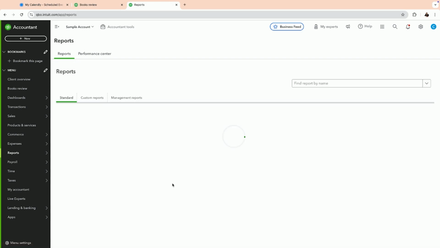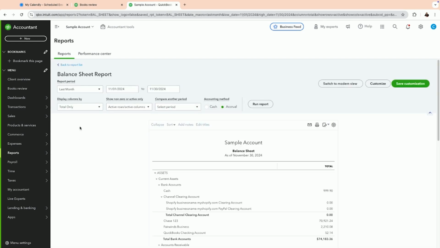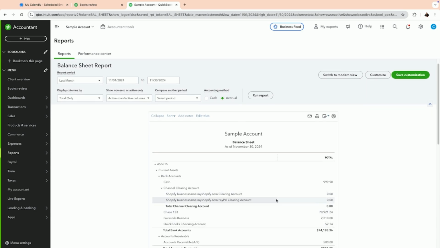Okay, back to report list. The next report for you to check is going to be your balance sheet. In the balance sheet, you want to look especially for negative assets. Negative assets means that there is an error somewhere, especially on the bank accounts.